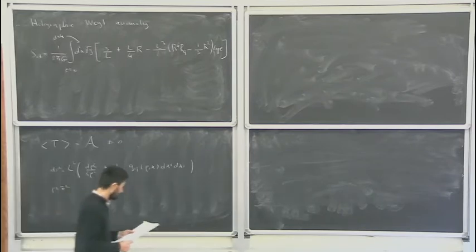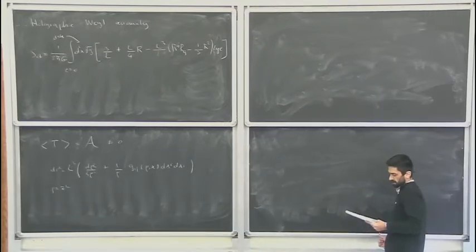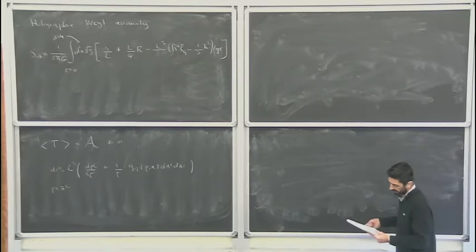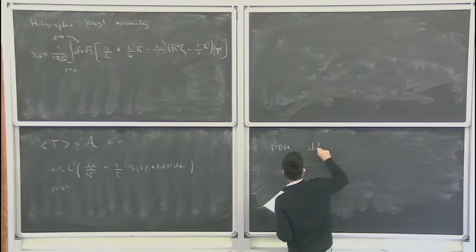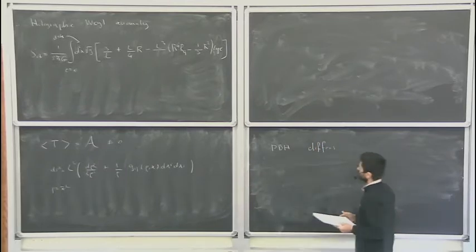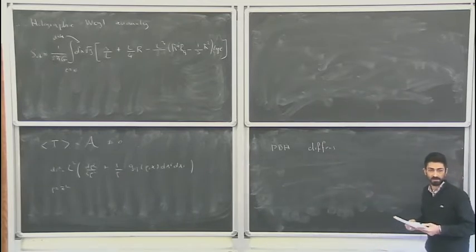So we have to find a diffeomorphism. This was studied by Penrose, Brown, and Henneaux. So this is called PBH diffeomorphism, which is a diffeomorphism in the full bulk, which corresponds to a Weyl transformation at the boundary.